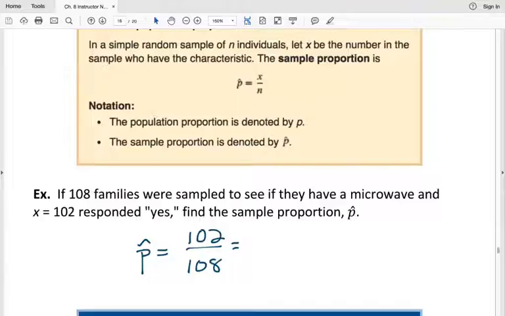And when I put that into my calculator, I find a value of 0.944, and that ends up being 4 repeating. And so if we were to use this point estimate, 102 over 108, as an estimate for the population, we would estimate that 94% of the population had a microwave.